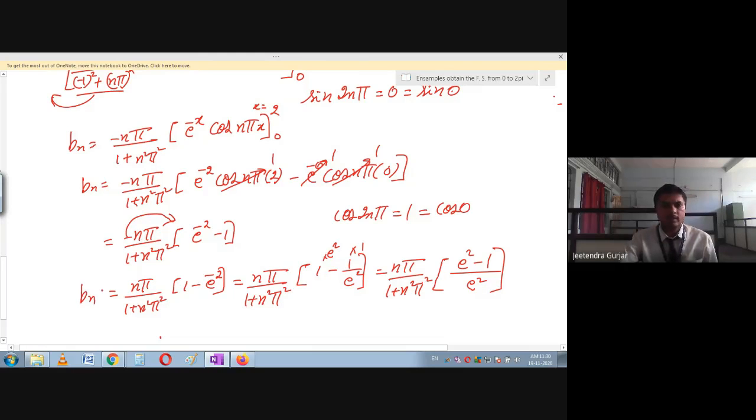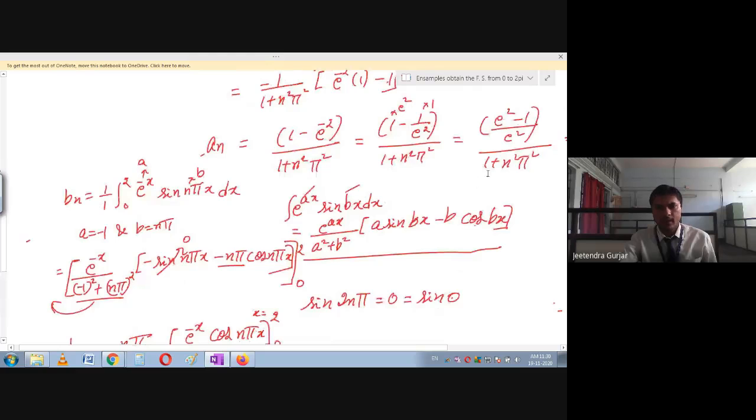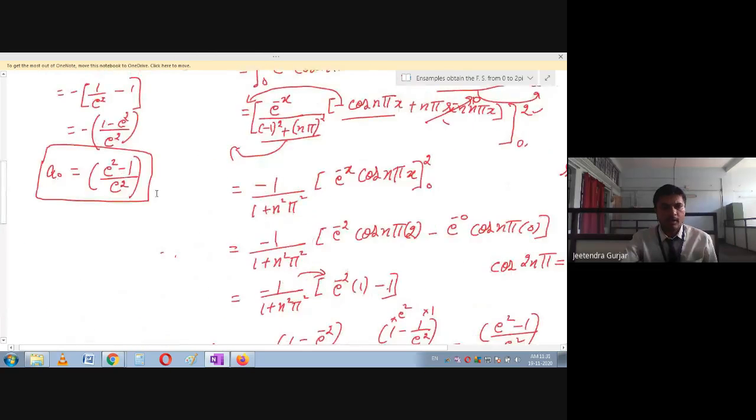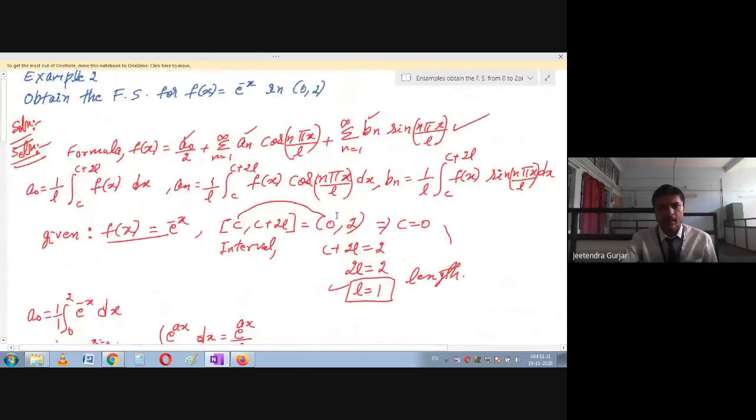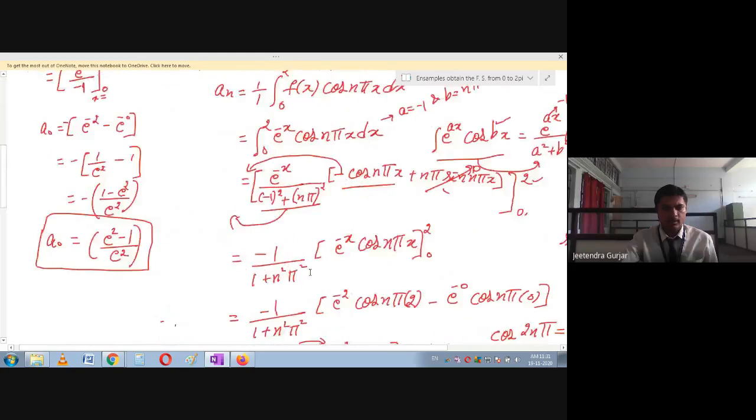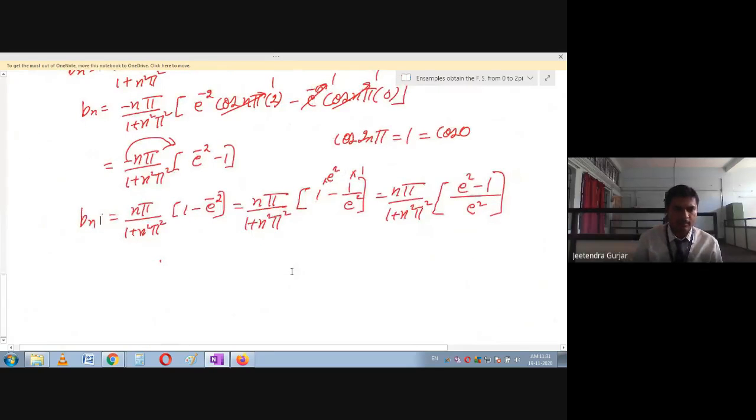So now you have calculated the an value, a naught, and bn, and you just substitute all these values into the Fourier series formula one by one. So what will be the answer, friends? Therefore f of x is equal to, first I will take a naught. A naught upon 2 you know already: e raised to 2 minus 1 upon 2e.